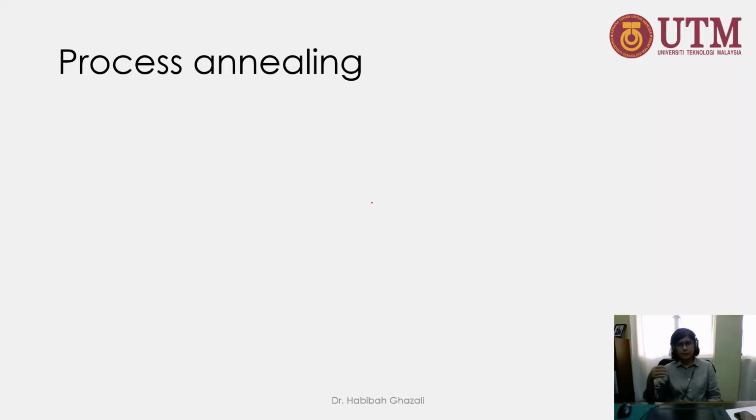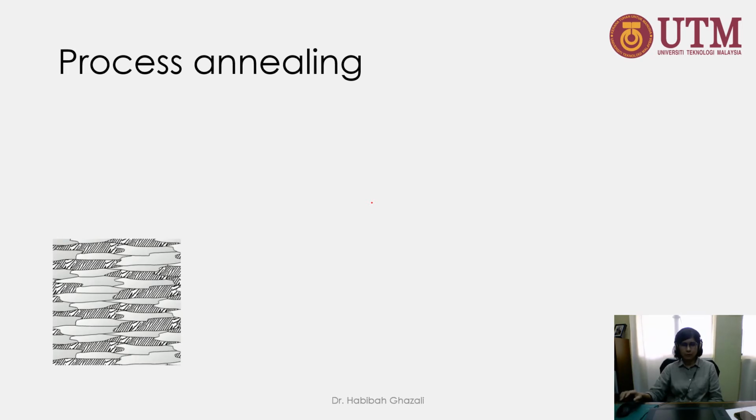What happens during this process is that the elongated microstructure will be changed to equiaxed microstructure. Equiaxed microstructure is a microstructure that has a dimension that is equal in each of its directions. So we want to change it from this elongated, which is anisotropic, back to equiaxed microstructure.